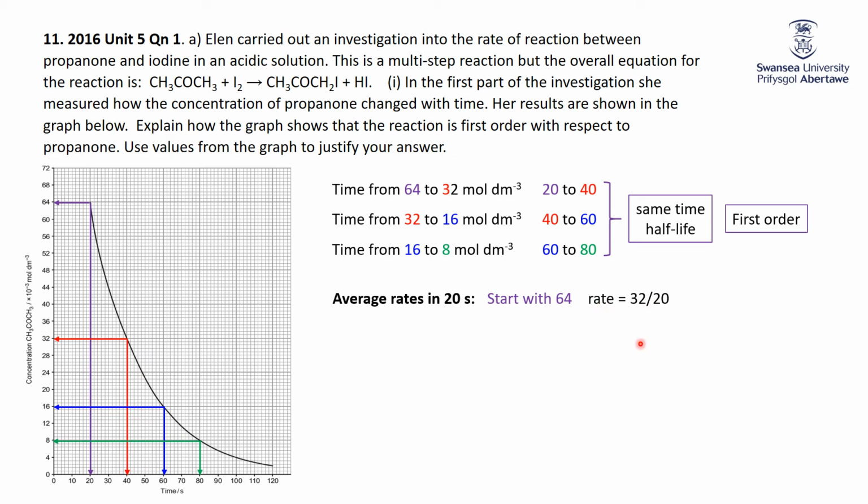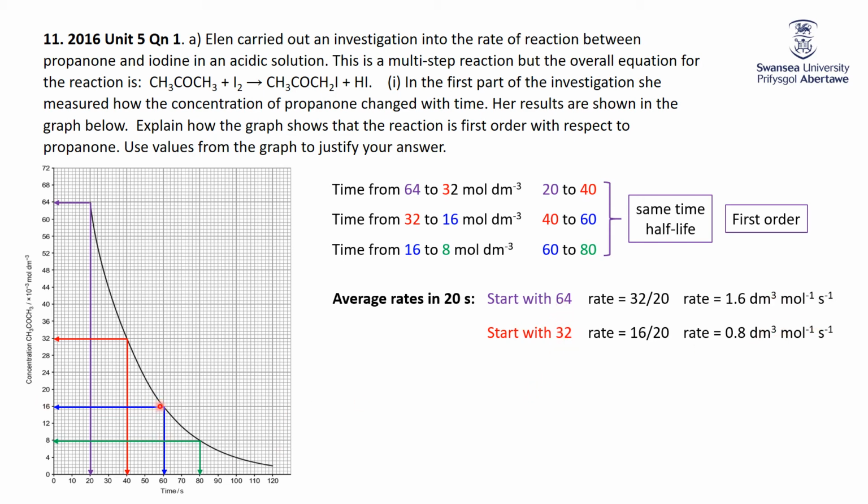So the rate is 32 over 20, which is 1.6 cubic decimeters per mole per second. Now, let's start at 32, so we're halving the concentration. Going another 20 seconds from 32 at 40 seconds to 60, it goes from 32 down to 16. So 16 over 20, so 0.8 cubic decimeters per mole per second. So we halve the starting concentration, we halve the rate.